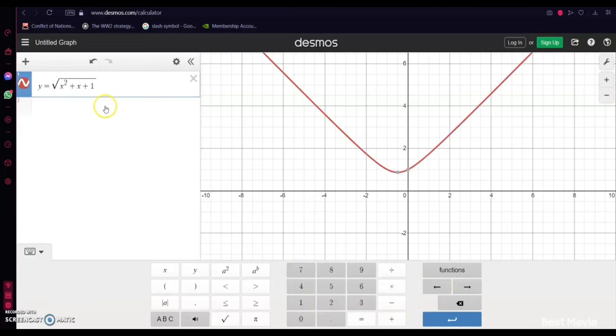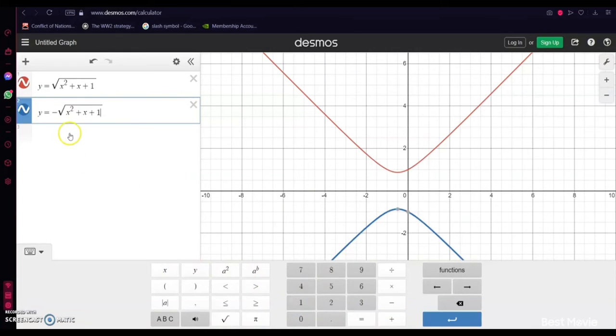So this is the first equation. Let's look at the second equation that we have, which is the same thing, y equal to negative radical x squared plus x plus 1.